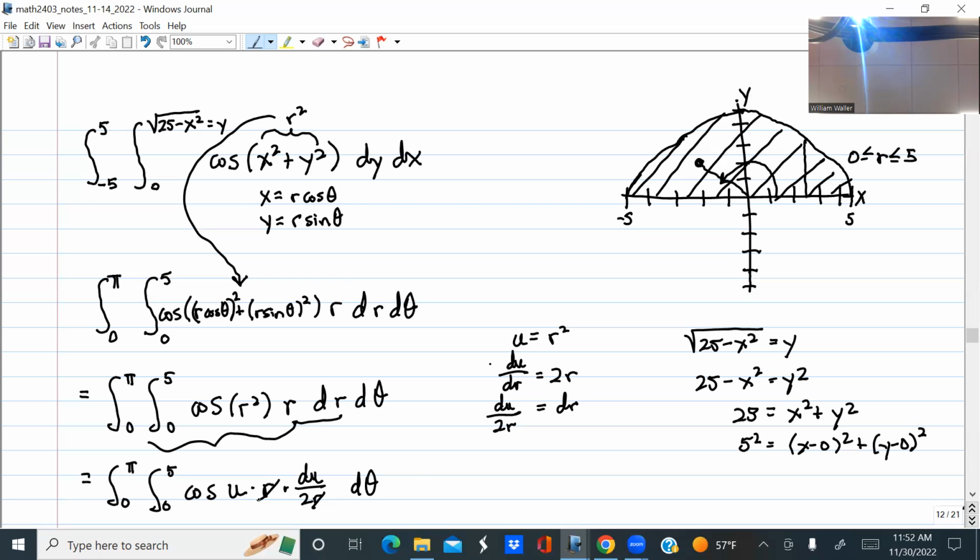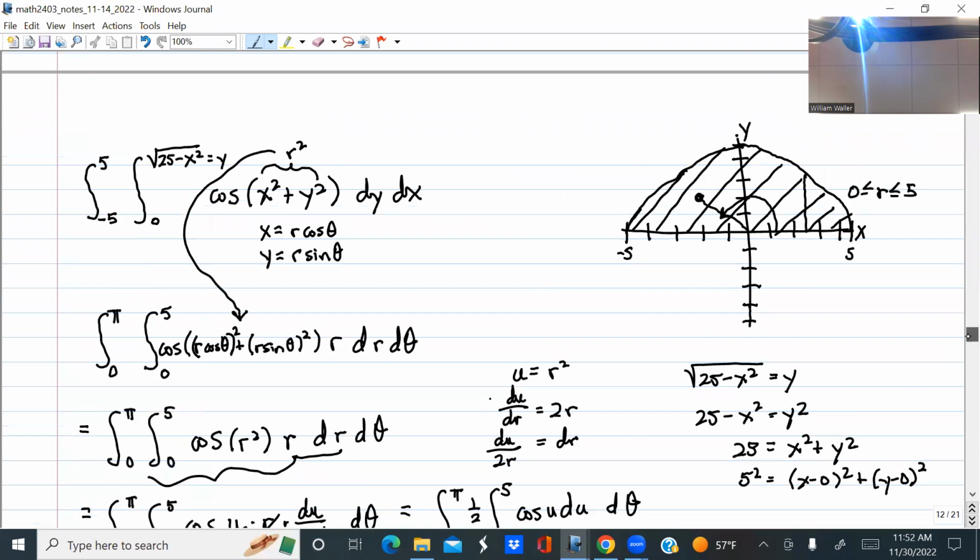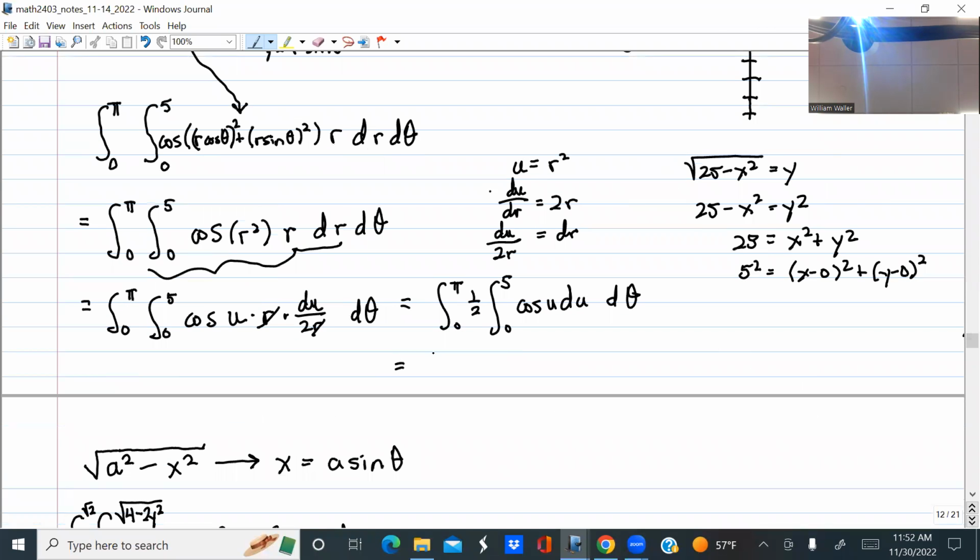So let's factor out a 1/2 outside of the inner integral. So I just have cosine u du and then d theta. Don't worry about changing your limits of integration, because we're going to switch this back to r in a minute.